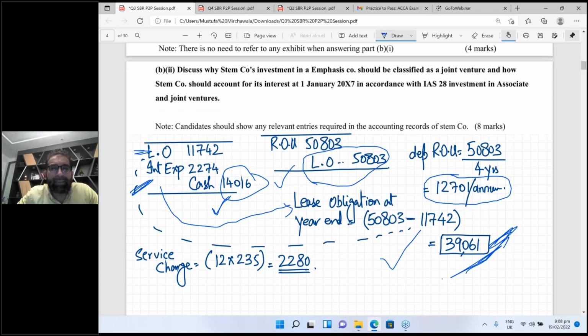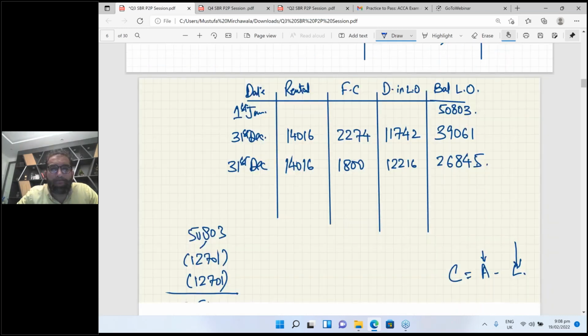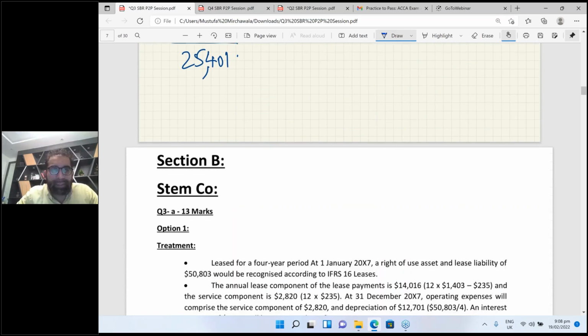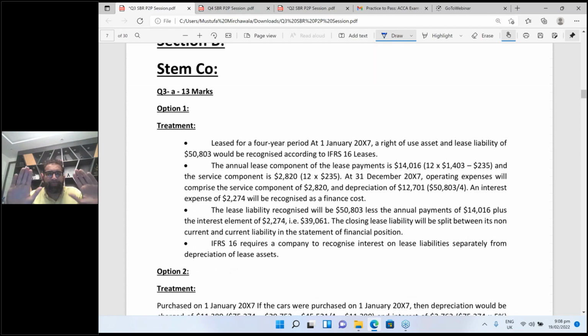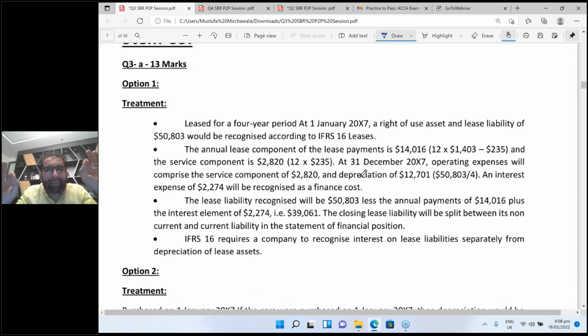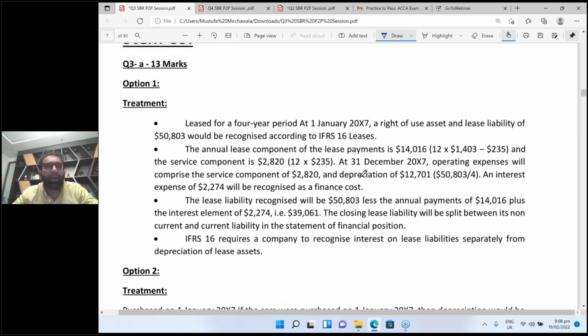Let's see how to discuss. This is the first treatment, and you have to write in simple words. Treatment option number 1: leased for a 4-year period, a right-of-use asset and a lease liability of 50803 would be recognized.